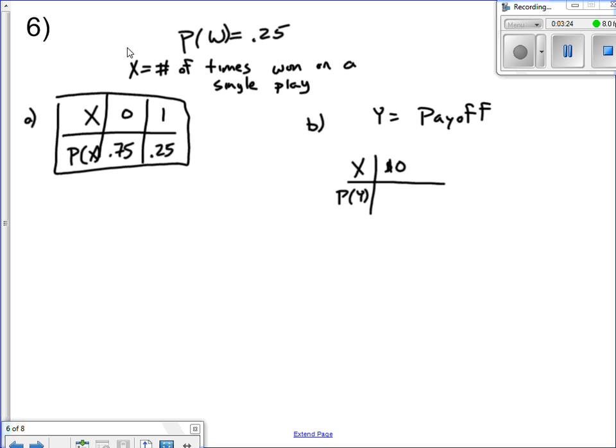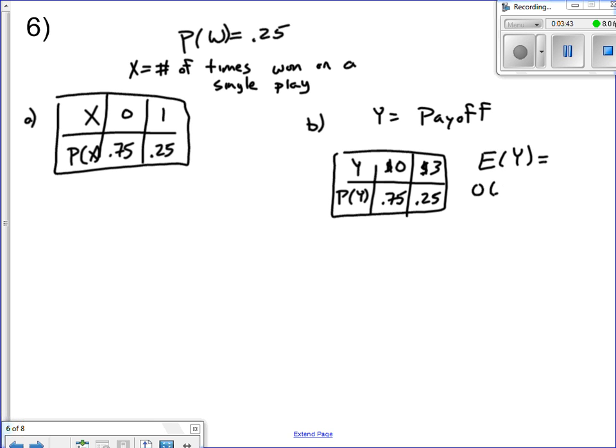Oops, sorry, I got X sitting there, that's Y. And if we do win, the payoff is $3. Well, the probability that we win, we've already seen is 0.25, and the probability we lose is 0.75, so we're just looking for expected payout. So that's 0 times 0.75 plus 3 times 0.25. So our expected payout is about 75 cents a play.